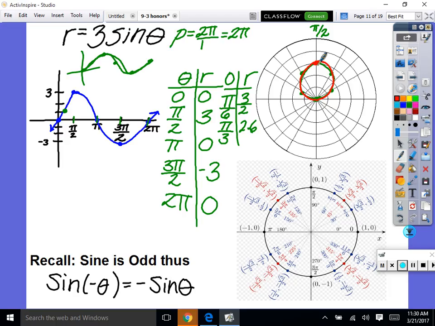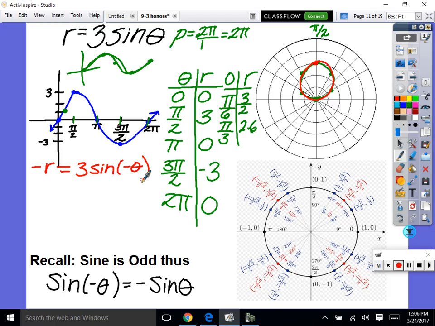If we plug in negative r, negative theta, and we simplify it down and it comes out the same as the original function, then it is symmetric over pi halves. So let's plug in negative r equals 3 sine of negative theta. Now you have to remember that sine is odd, so sine of negative theta is negative sine of theta.